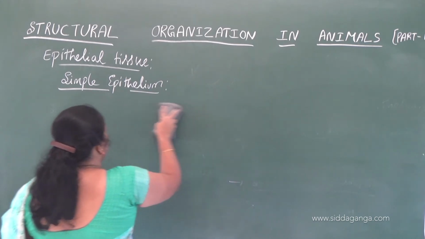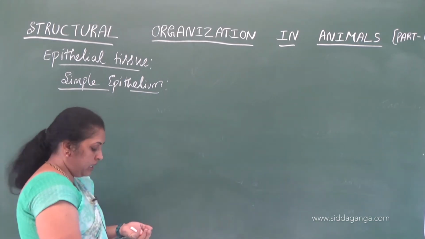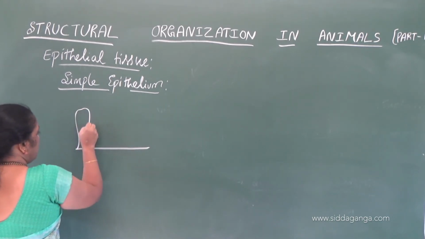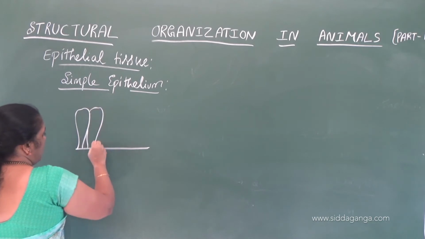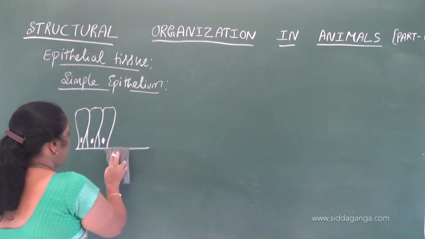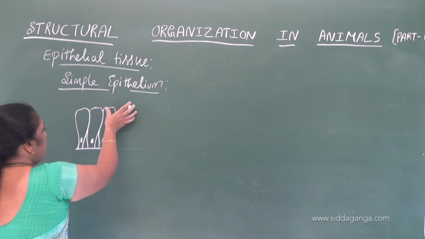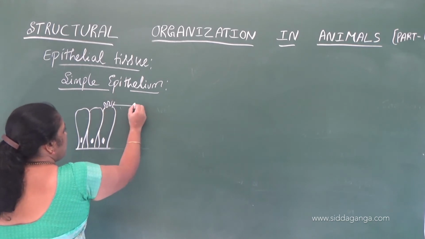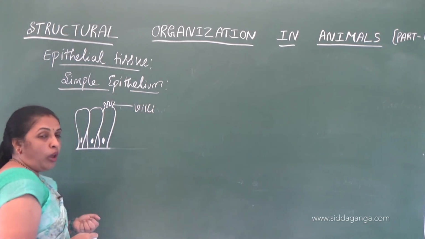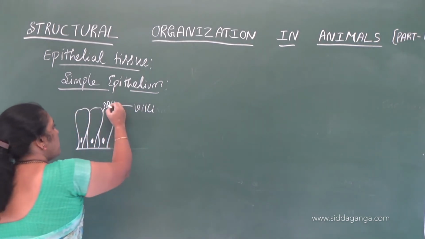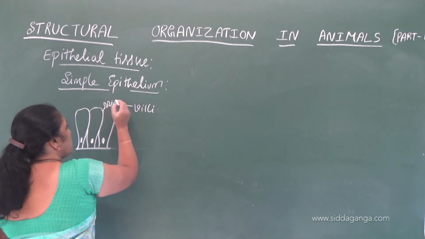And when these columnar cells have finger-like projections on their free surface, they are called villi.